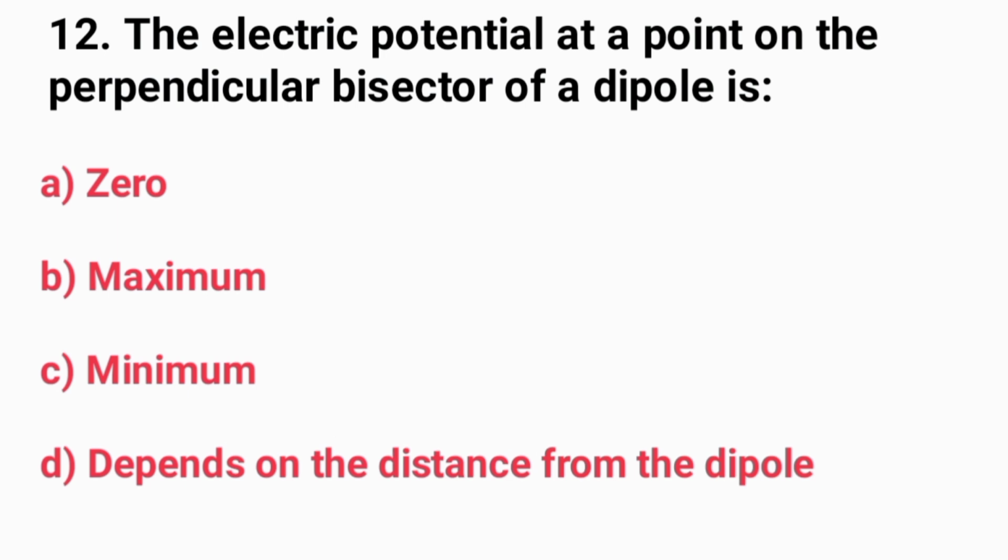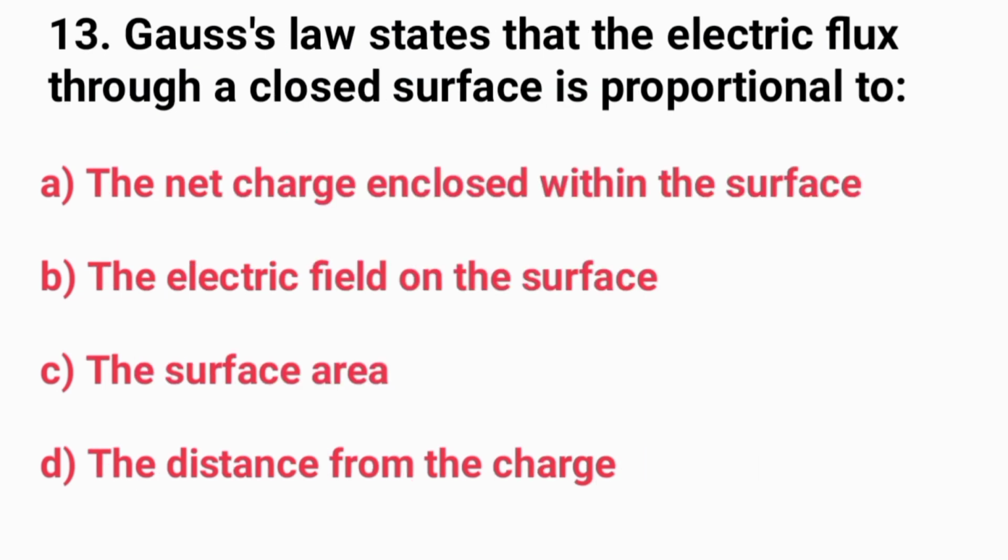Question number 12. The electric potential at a point on the perpendicular bisector of a dipole is. The correct answer is option A, 0. Question number 13. Gauss's law states that the electric flux through a closed surface is proportional to.